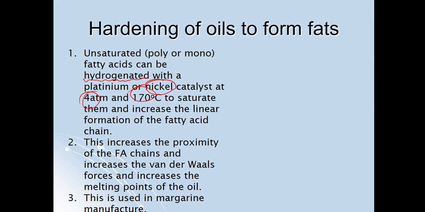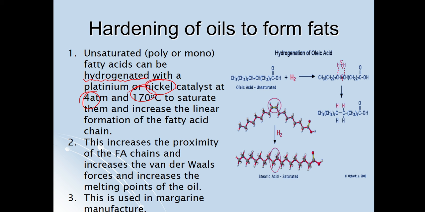So originally, if we look at the diagram on the right hand side, here we can see a double bond. Once we hydrogenate that double bond, you can see now that the structure of the molecule is much more linear than it was previously when it had the double bond in there.